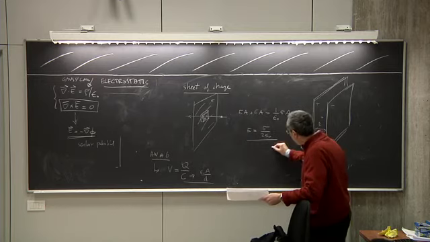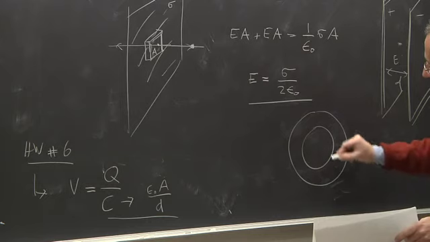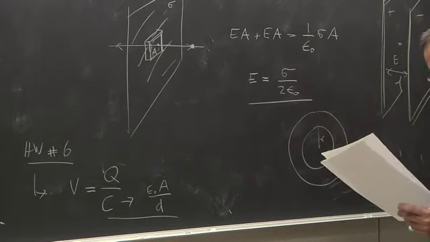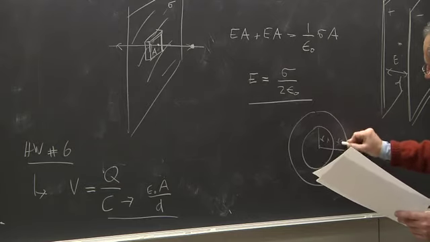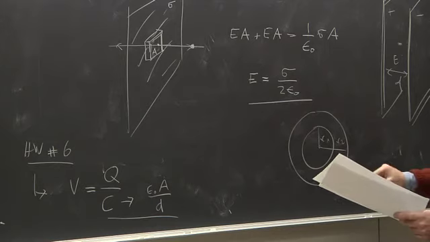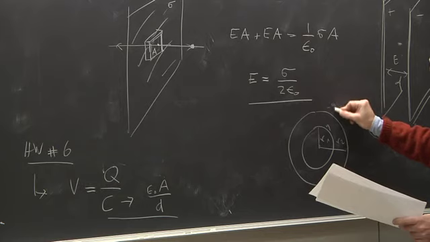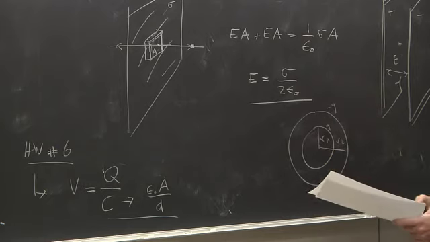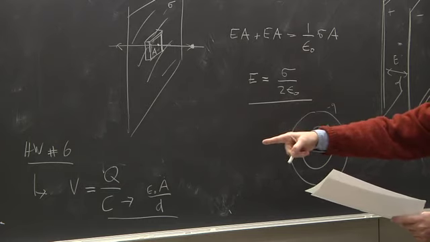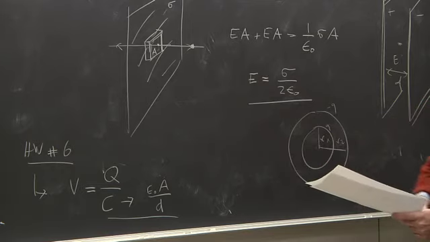Meaning, instead of a plane, I take a shell, and then another metallic shell inside the first one. I call the radii of these two shells R1 and R2. You put a charge Q on the inner one and a charge minus Q on the outside. And you do the same trick. You compute the potential, you divide the charge by the potential, and you get the capacitance.